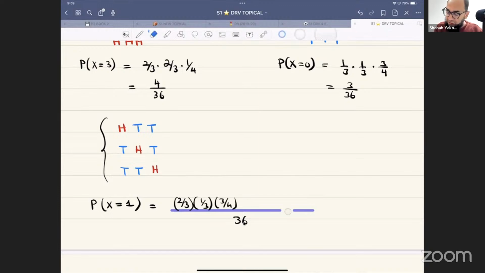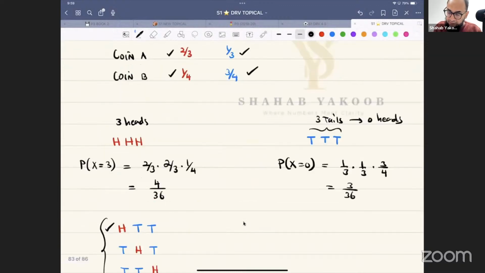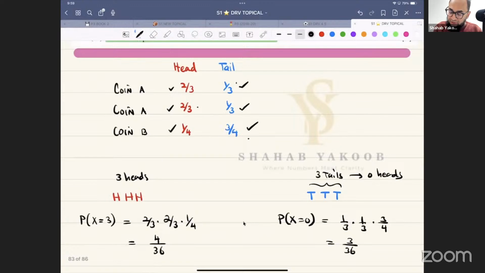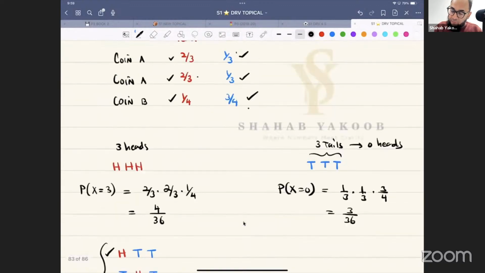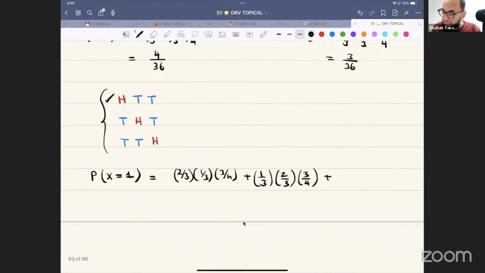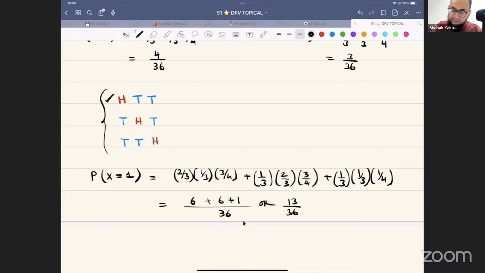Then tail, head, tail is 1/3, 2/3, 3/4. Last one, tail, tail, head, is 1/3, 1/3, 1/4. So now 2 into 3 is 6, 2 into 3 is 6, this is 1 over 36, that comes out to be 13 over 36.